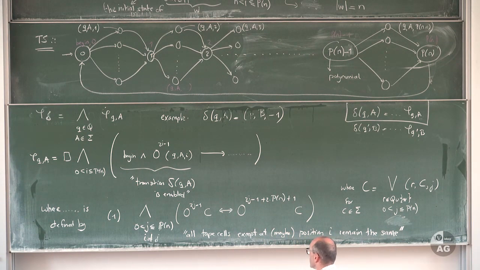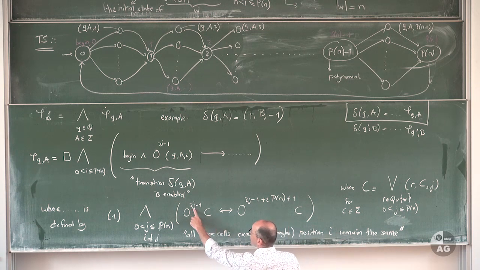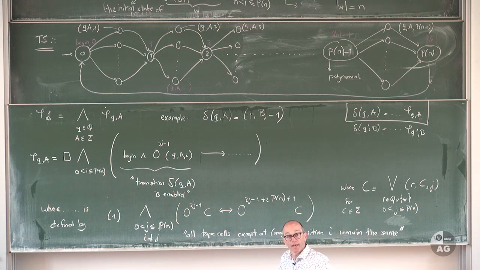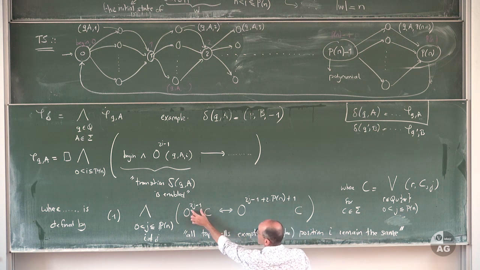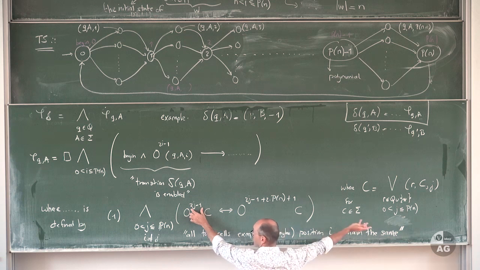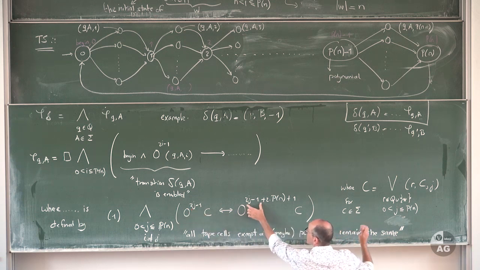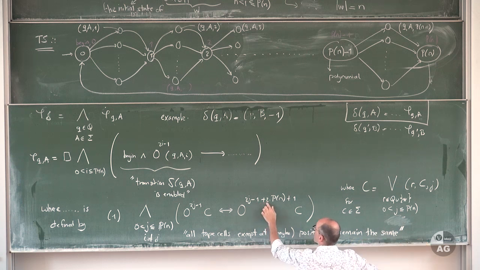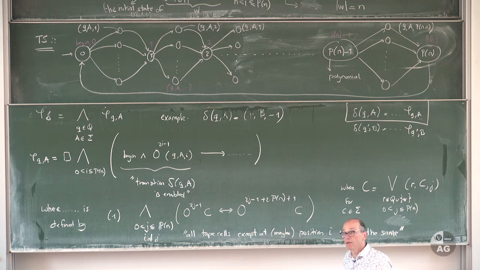So that means that here, if I have a C at position 2j minus 1, the other C that I want to check whether at this position in the next configuration there is also a C. So I look at the next position, 2j minus 1, but in the next thing, it's 2 times Pn plus 1. Why this factor 2? Yeah, because I have 2 Pn states. Pn are the middle states, but remember I have always these states in between. So I have 2 times Pn states.